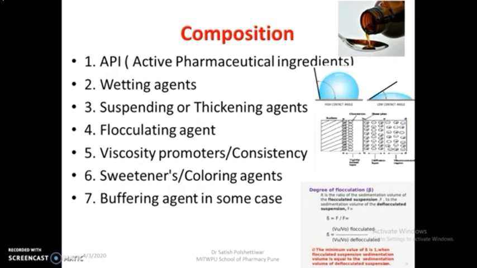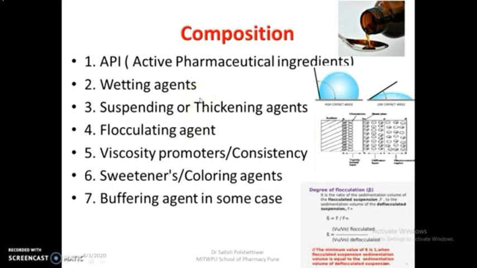So the formula is F is equal to HU upon H naught. Here, HW is the ultimate height of sedimentation in deflocculated suspension, and HU is the ultimate height of sedimentation in flocculated suspension, and H naught is the original height, and Fw is equal to HW upon H naught, where Fw is the sedimentation volume of deflocculated suspension and F is the sedimentation volume of the flocculated suspension.